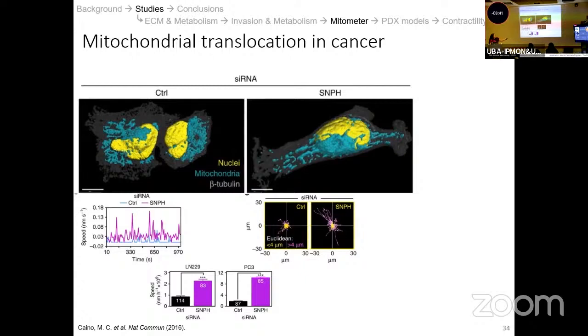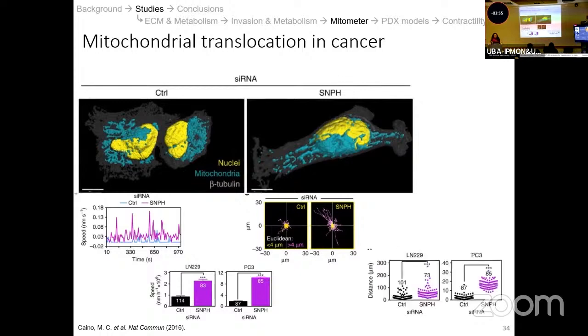And you could see that with synaptophilin siRNA, you shut down synaptophilin, because it's a stop for the mitochondria that cannot go anywhere otherwise, then the cells can migrate everywhere. So what this is saying is that less synaptophilin means faster mitochondria translocation and cells travel further.